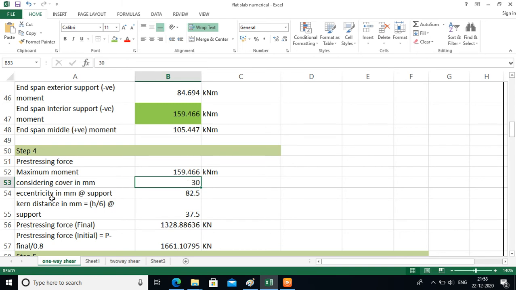Then the eccentricity in mm at the support. How do we get the eccentricity? The position of prestressing steel is very important in prestressing.